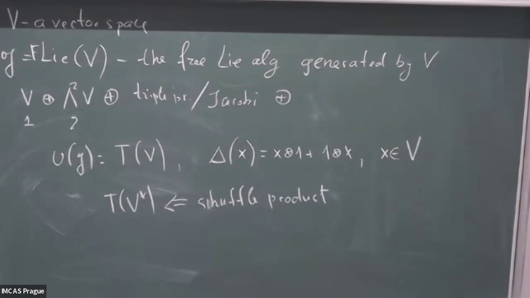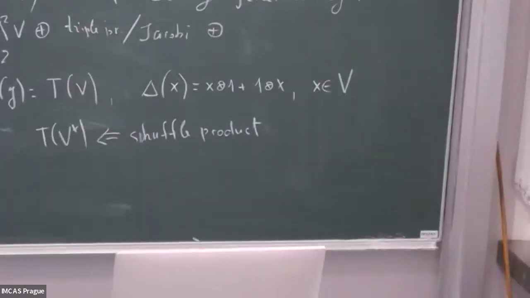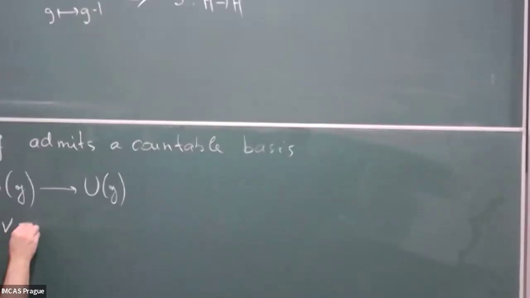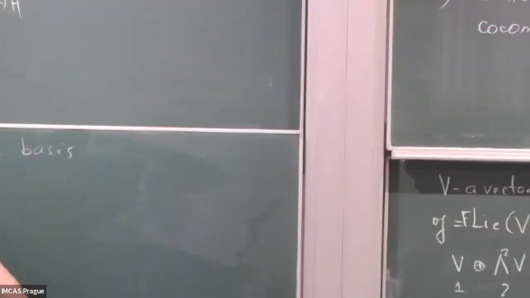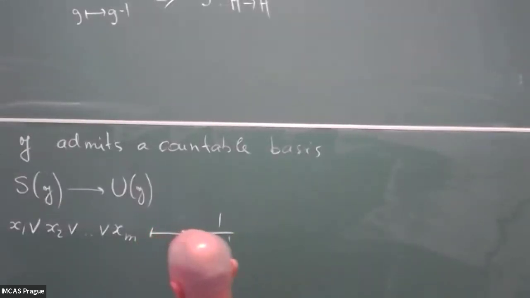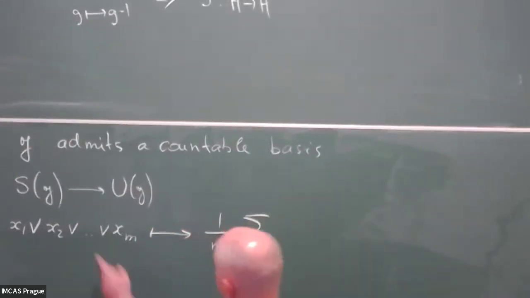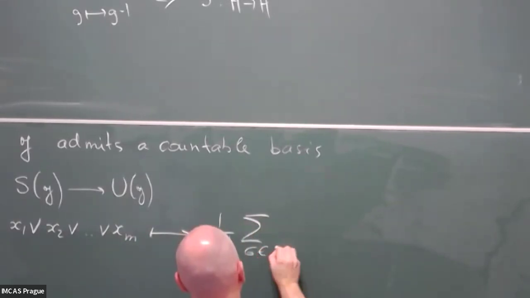Then, in general, there is a map which always exists from the symmetric algebra of G to the universal enveloping algebra of G, which sends X1 symmetric product with X2, and so on, symmetric product with Xm, to the symmetrization, called the Weyl form, of all possible products of these elements inside the universal enveloping algebra.